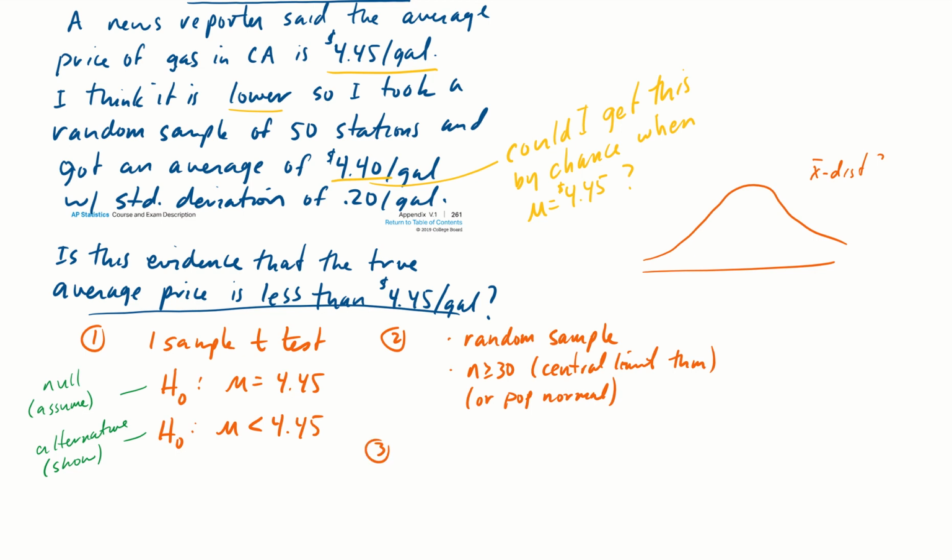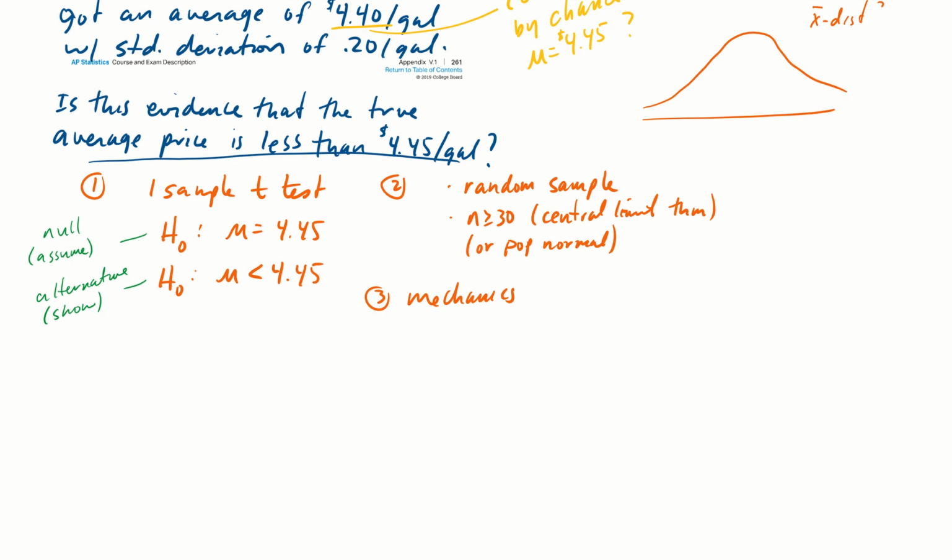Step three are the mechanics. So what we're really doing in terms of mechanics is we're saying, let's look at my t-curve, where the mean, we're assuming it's 4.45. And the standard error, it's the standard error, not the standard deviation, because we're using s divided by the square root of n.